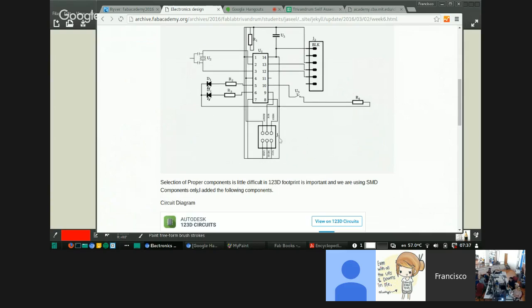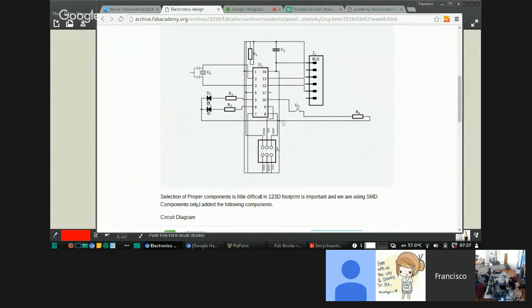Yeah, the schematic is not very clear. This point here, what is that? Is it VCC? Is it ground? That's ground. Okay. Is this how it makes the schematics?